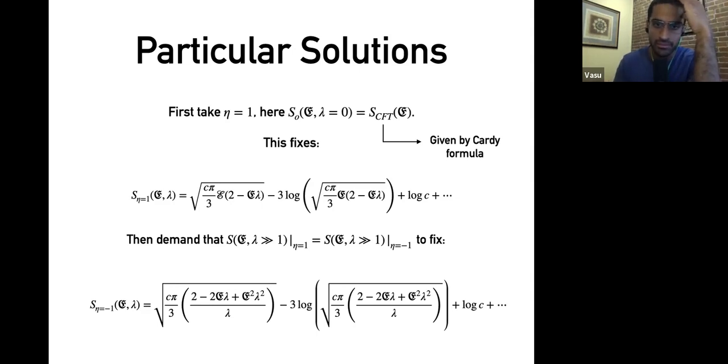Then what we do is for very large mu, that's very large lambda, we demand that S in the eta equals 1 case matches S in the eta equals -1 case. So basically this is like the very redshifted zone in DS matches the deep interior in ADS. That's the intuition for where we compare the two quantities. And by doing this matching, we get the corresponding eta equals -1 entropy.